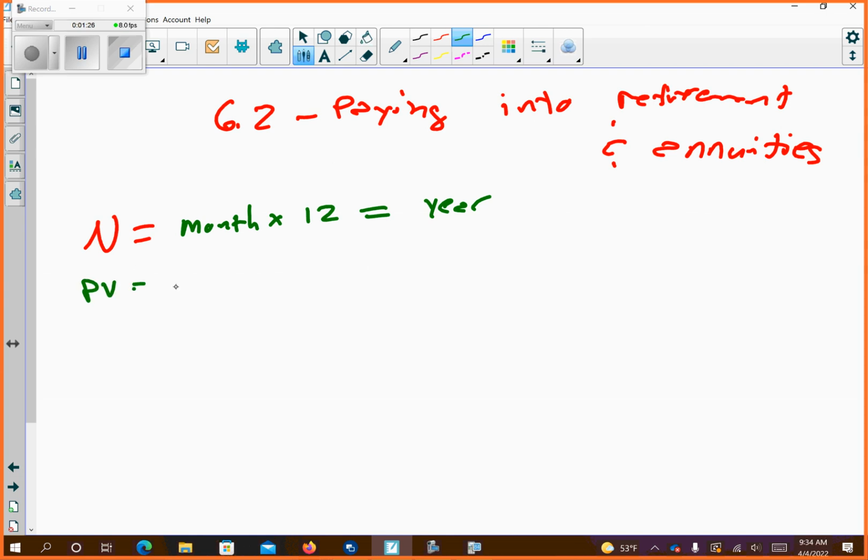PV is your previous value. So previous value could be dependent upon if you are doing a loan, that could be a large number. If it's starting out saving money, it could be a zero value. Go with that. You have a future value. And then all of these can be found.